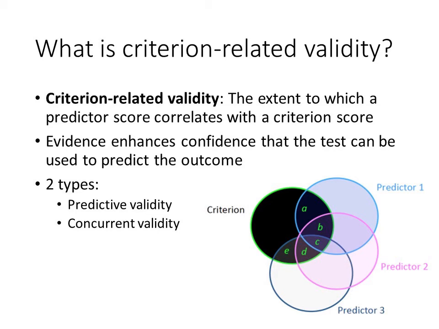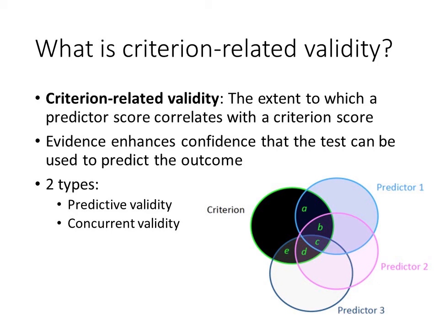There are two types of criterion-related validity that we can assess: predictive validity and concurrent validity. Sometimes we can use more than one predictor to predict a criterion, as shown in the graphic.